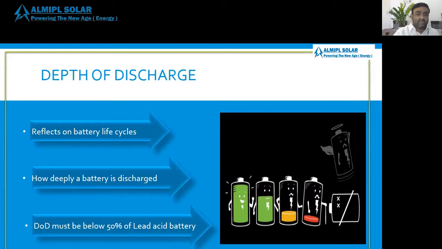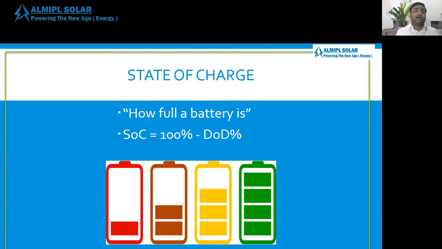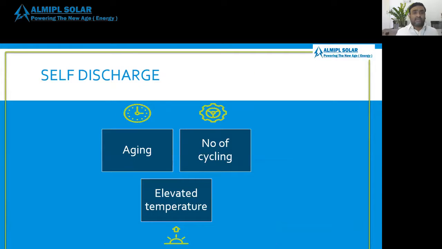How full a battery is, state of charging, is equal to 100% minus the depth of discharging. This is the calculation we will use.